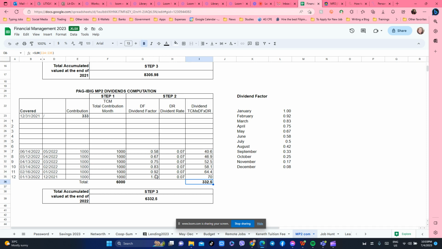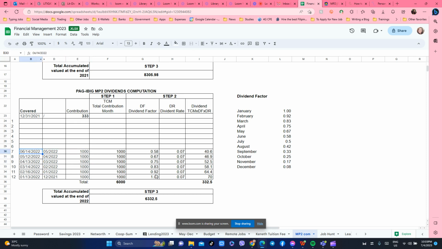So for half of the year you have 332.550 pesos as of June. For the next video, I'm gonna share with you the whole 2022. But for now, I have this 333 pesos interest, this is half of the year only.